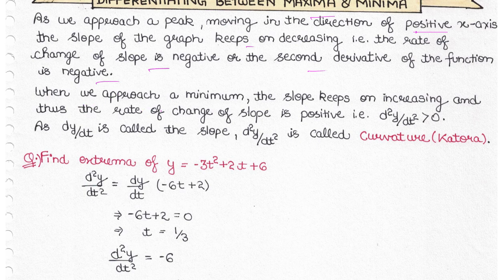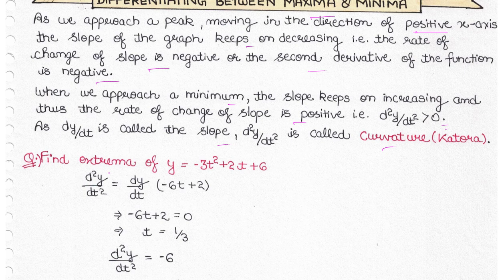When we approach a minima, the slope keeps on increasing, and thus the rate of change of slope is positive, that is, d2y/dt square is greater than 0. As dy/dt is called the slope, d2y/dt square is called curvature.